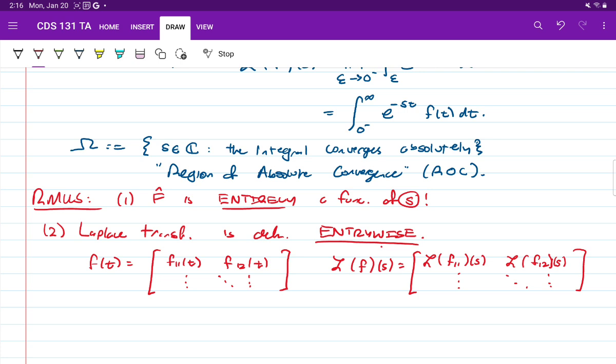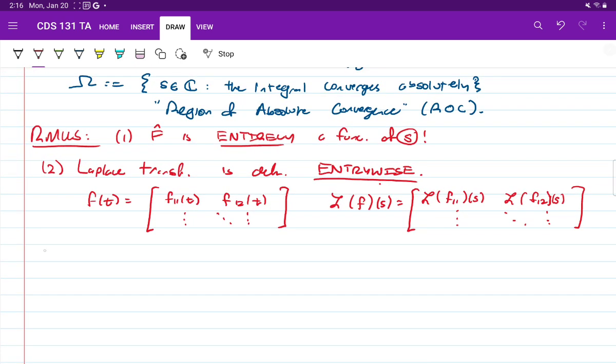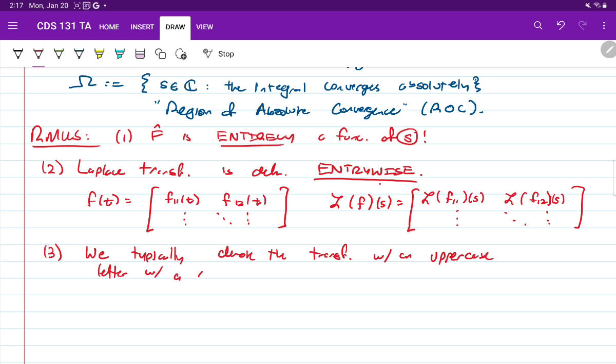Maybe you've only seen it in the scalar case before. Now, what else do we have? Well, remark 3 is that we typically denote the transform with an uppercase letter with a hat.